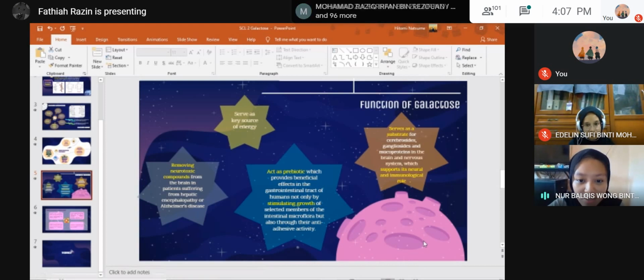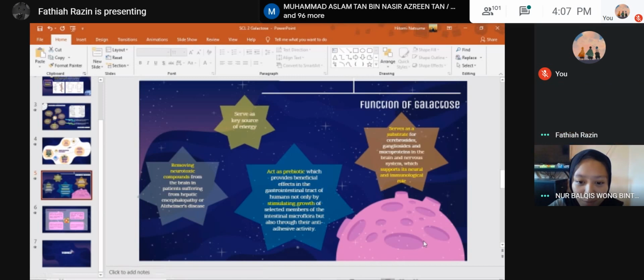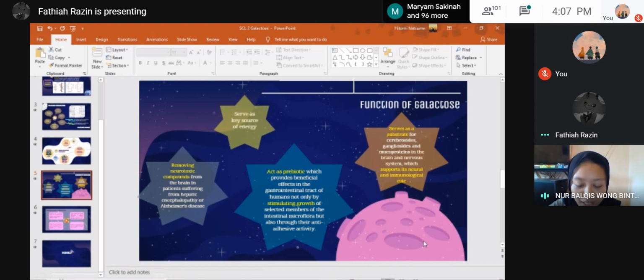The next one, galactose also acts as a prebiotic, which was explained in the previous group, providing beneficial effects in the gastrointestinal tract of humans, not only by stimulating growth of selected members of the intestinal microflora, but also through their anti-adhesive activity. Microflora are organisms that live inside the human or animal body, such as bacteria, archaea, or fungi.